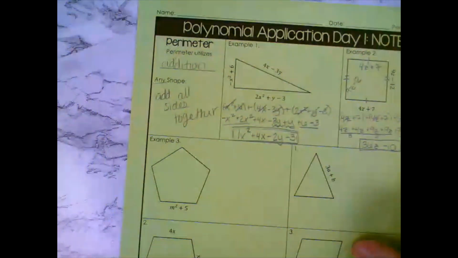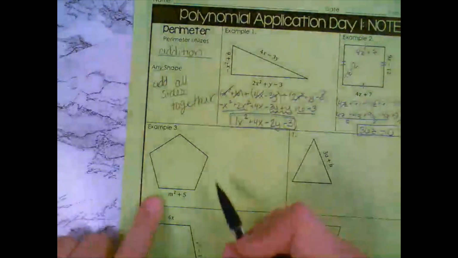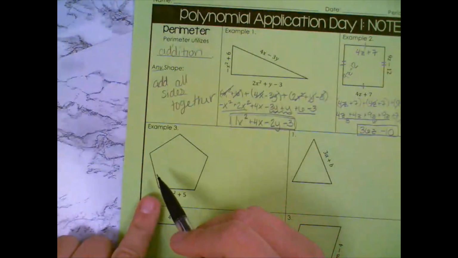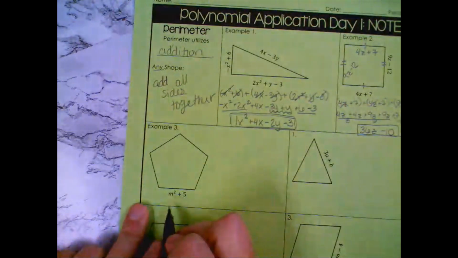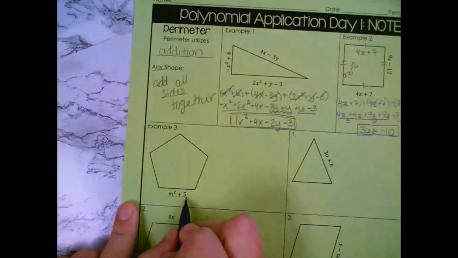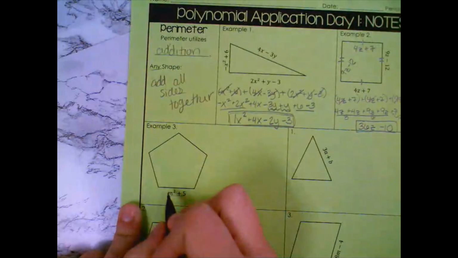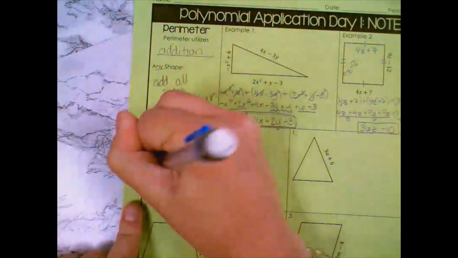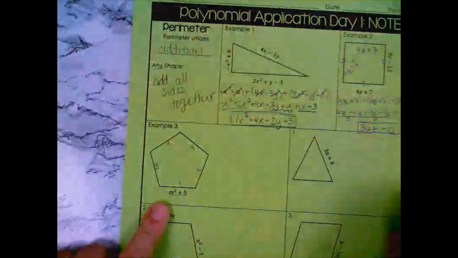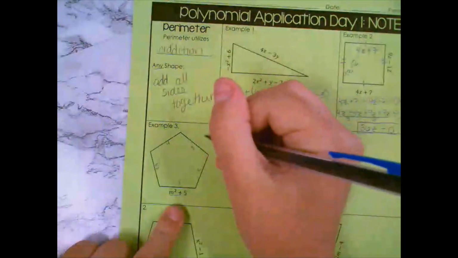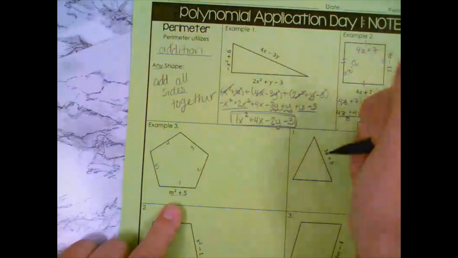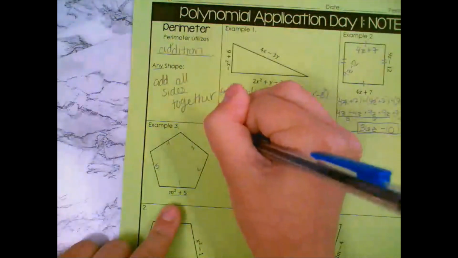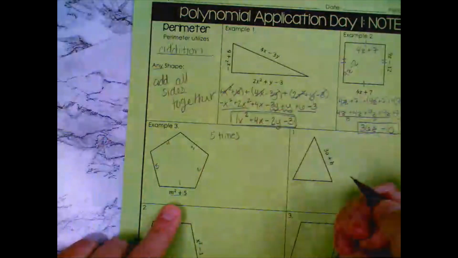Now, what we're going to see here is that this shape has the same length for every single side. This is why it's labeled m squared plus 5, because all the sides are m squared plus 5. We have 1, 2, 3, 4, and 5. So I'm going to show you a little trick. Instead of writing out m squared plus 5 times, we have 5 times the sides.